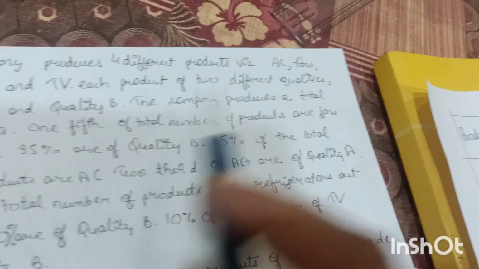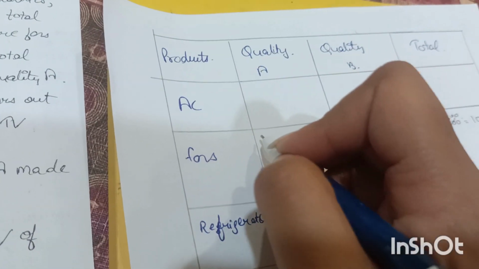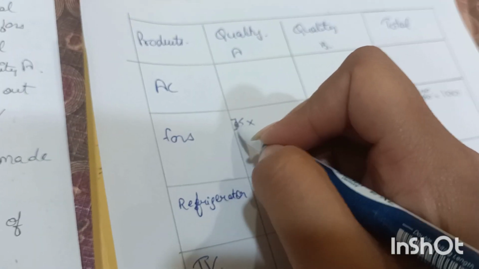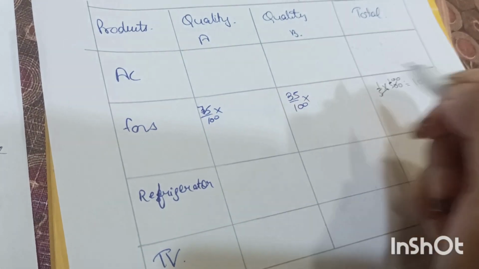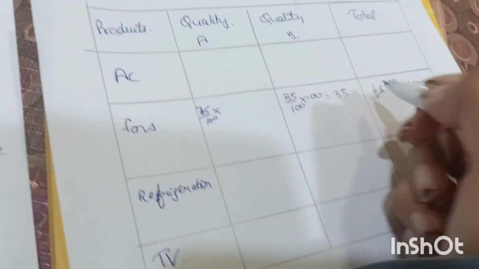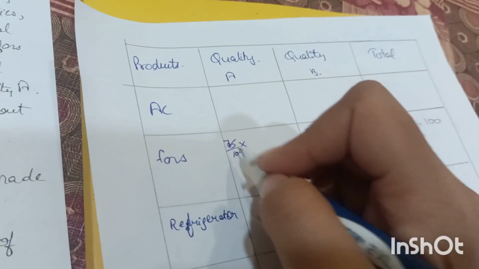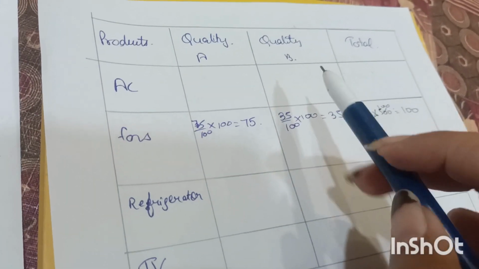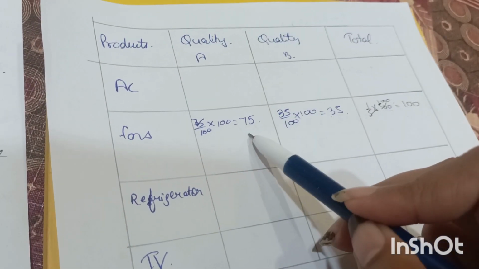So then 35% of the total products are of quality B. So 35% of 100. So you can write it 35% into 100. So you'll get 35. And if we'll subtract 100 minus 35, we'll get 75. Okay, so 75 upon 100 equals to 75. You can solve it by like this also, or you can directly do 100 minus 35, you will get 75.